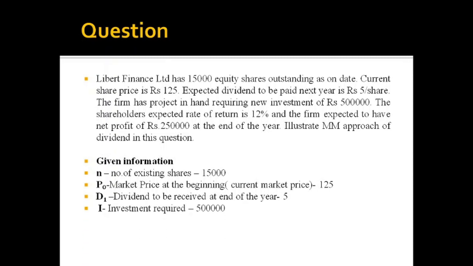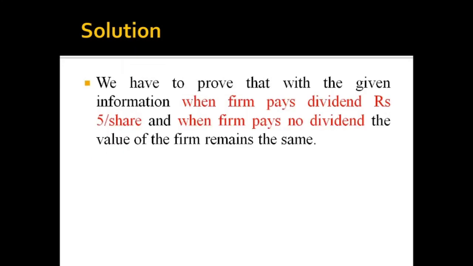I, the investment required, is given, that is 5 lakh. KE, the cost of equity capital, is also given, that is the expected rate of return is 12%. And E, the earnings expected, the net profit, is 2,50,000 at the end of the year.